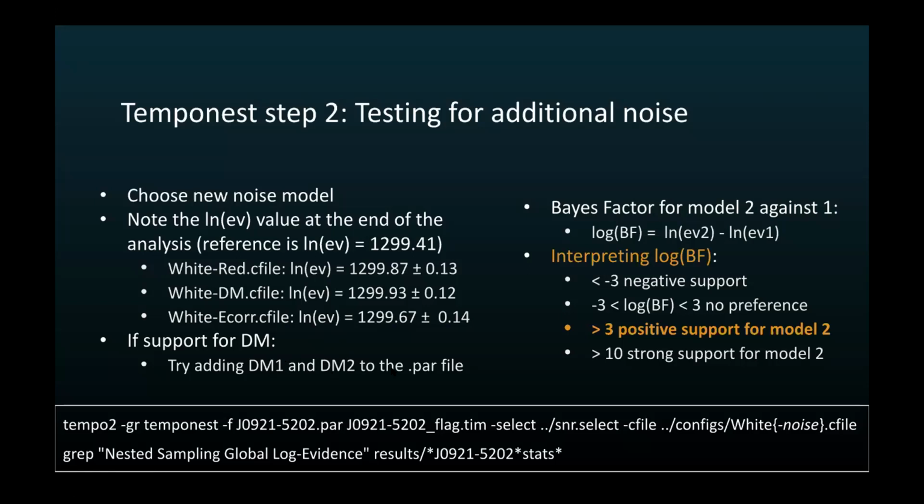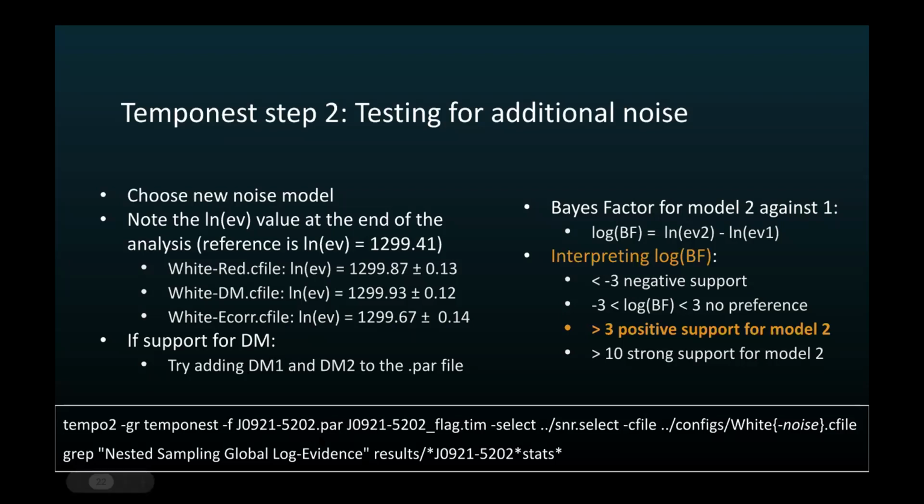So you basically copy the format for the other parameters. All other parameters are a name, then a value, and then a flag to say whether or not you're fitting. If there's no flag, it means don't fit. But if you want to fit the parameter, you have a 1 in that flag. So to add a parameter like DM1, you would type in DM1 space 0 space 1 in the PAR file.